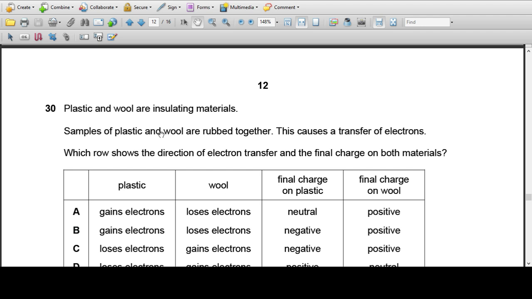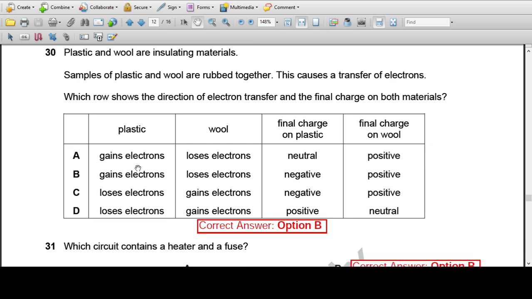Plastic and wood are both insulating materials. A sample of plastic and wool are rubbed together, and this causes a transfer of electrons. Which row shows the direction of electron transfer and the final charge on both materials? Here the plastic and wool are rubbed together, so one gains and the other loses.